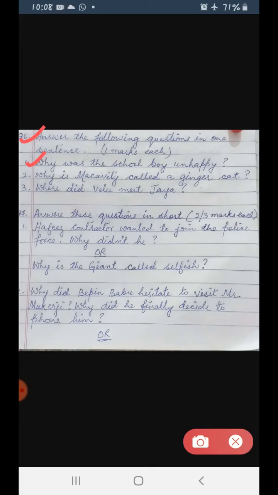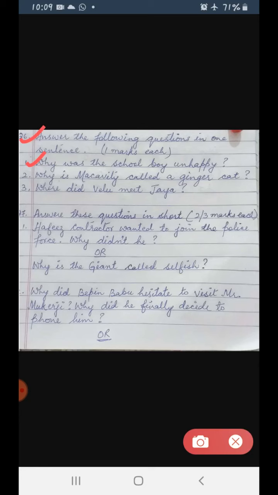He could not go out, he could not enjoy his day, but he just had to sit inside the classroom and study. The schoolboy says that he could neither enjoy outdoors nor concentrate well in his studies. Why? Because he may be sitting indoors inside a classroom, but he is lost somewhere outside in the world. So this is the reason why the schoolboy was unhappy.